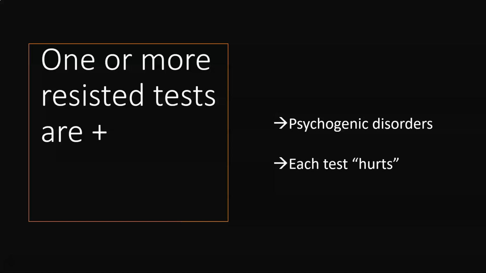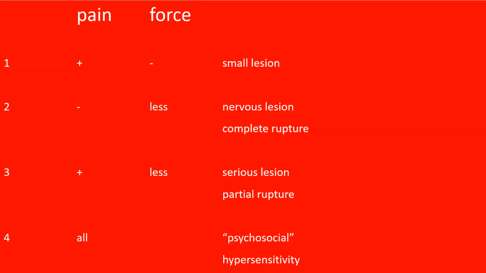Psychogenic patients are never going to say that a test doesn't hurt. Whatever test you do, and you ask the patient, does that change anything? They're never going to say yes or no. It's always something in between. You're not going to have real negative tests. Everything hurts, and this is rather abnormal.